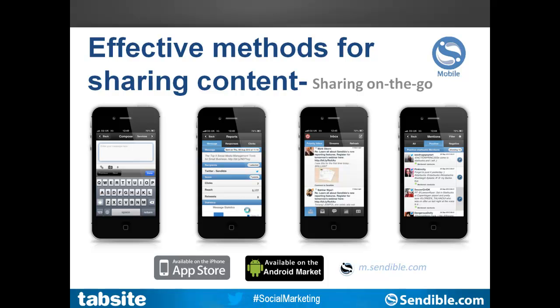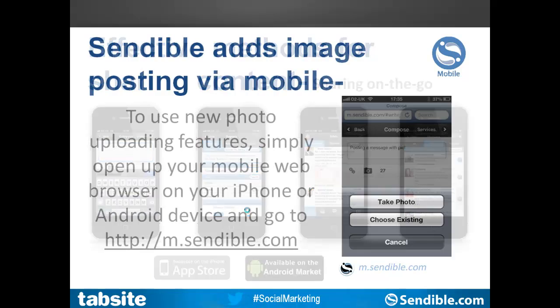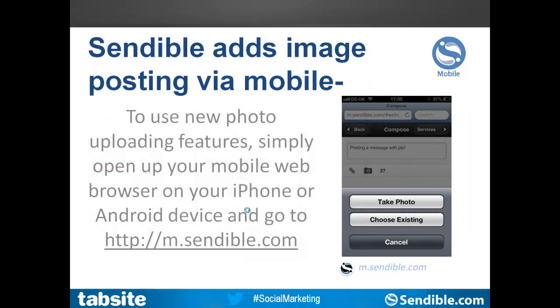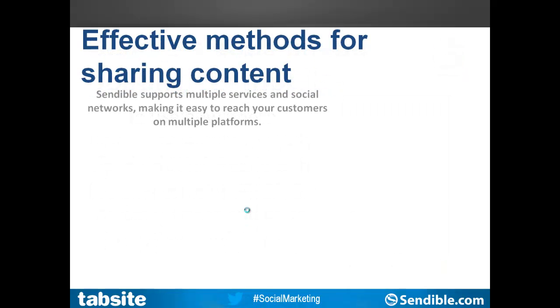You can also do that now on mobile. Okay, so the next few slides I'm just going to concentrate on the main features of Sendible. That was just a quick screenshot of how to use a photo sharing feature on Sendible.